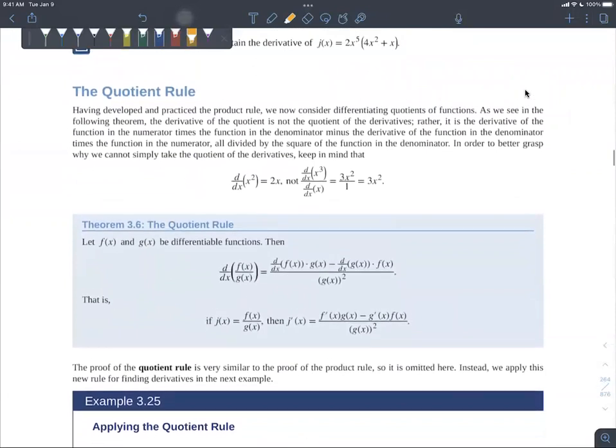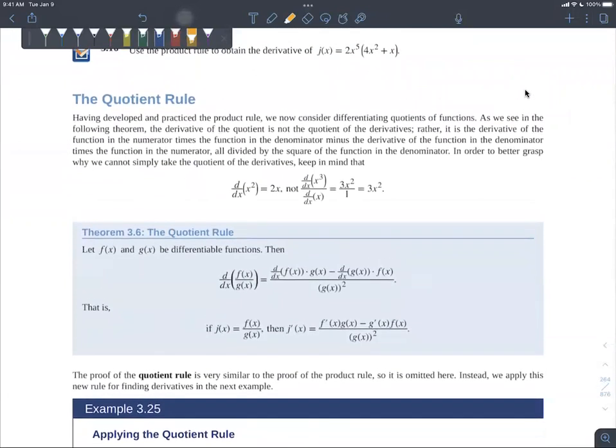Okay, the quotient rule. Having developed and practiced the product rule, we now consider differentiating quotients of functions. As we see in the following theorem, the derivative of the quotient is not the quotient of the derivatives.